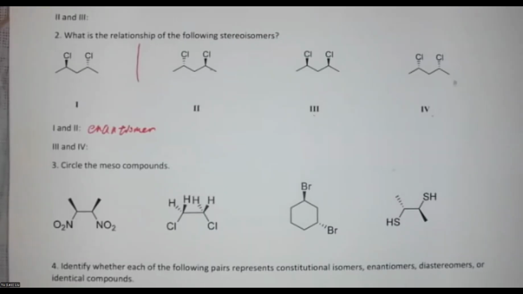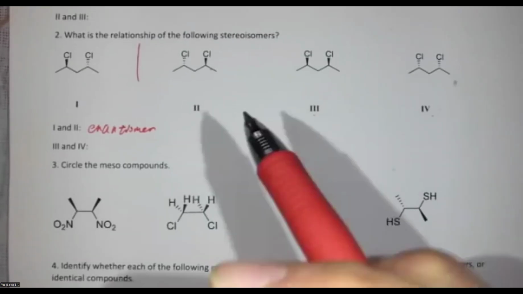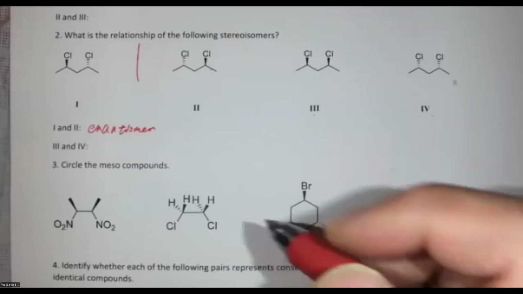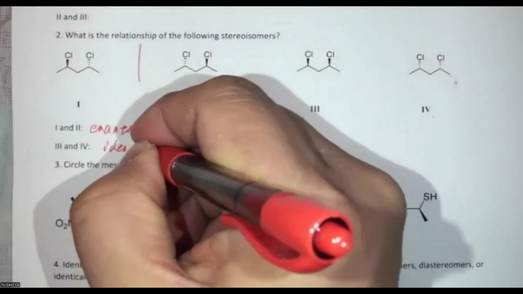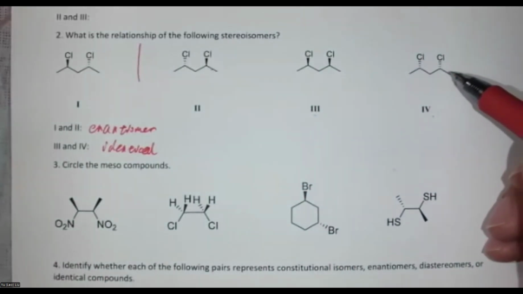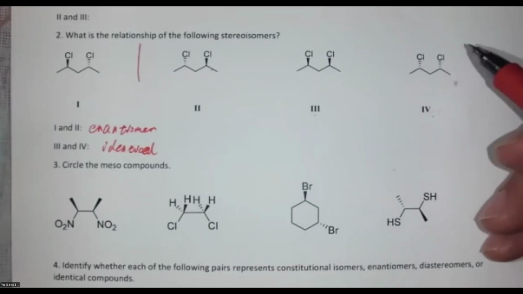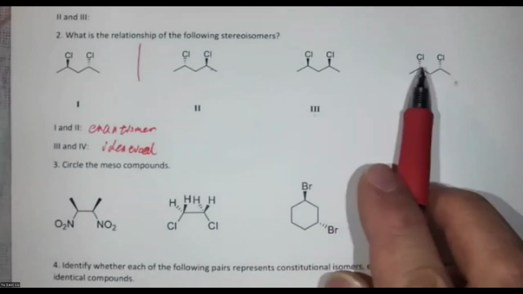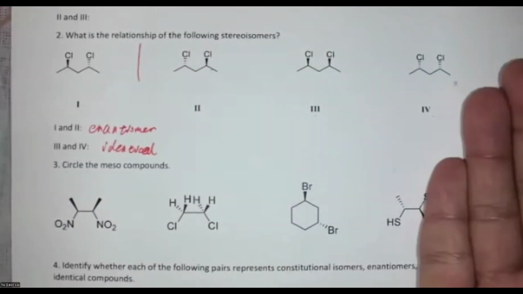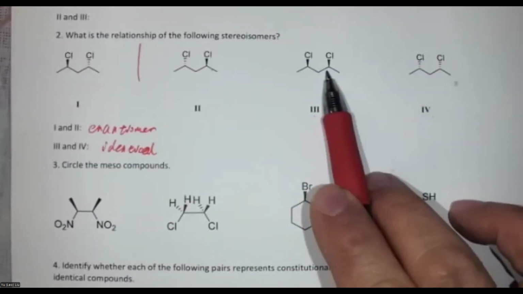All right, pretty good. So you all know the trick. These two are actually identical. The reason is that it looks like all the stereocenters are opposite, but if you flip one molecule 180 degrees, it exactly matches the original one.